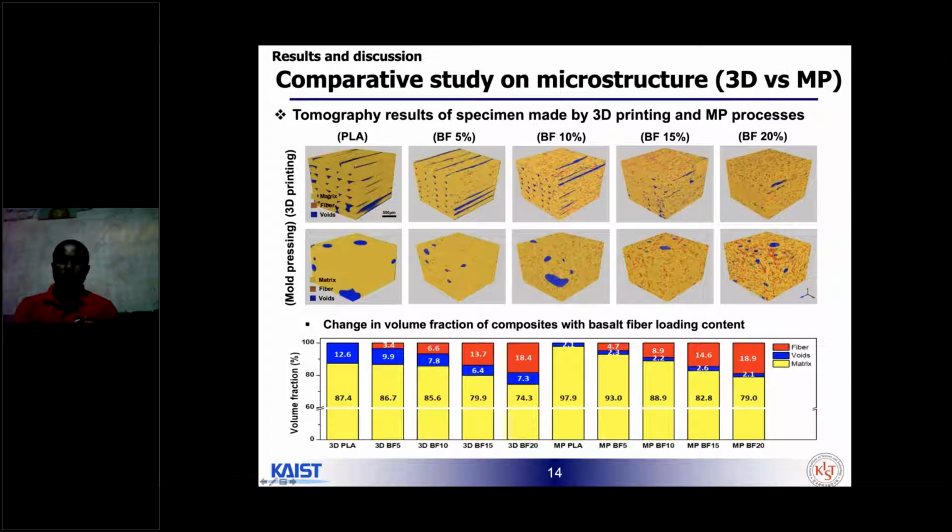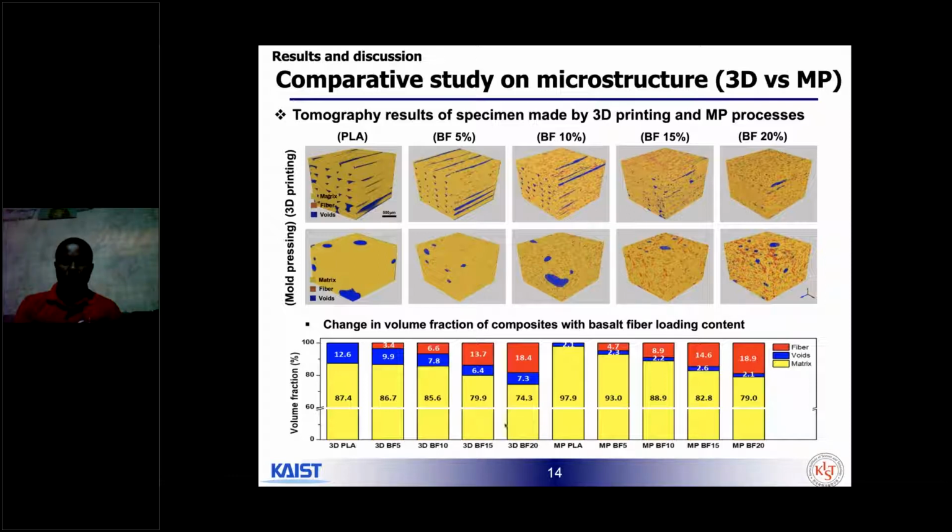As can be seen, the image of the 3D printed sample shows a slightly different internal microstructure due to the difference in processing method. The bottom figure summarizes the result of comparing the component volume fraction between the 3D printed and mold process composites based on X-ray microscope data.